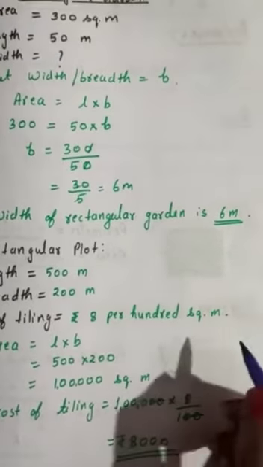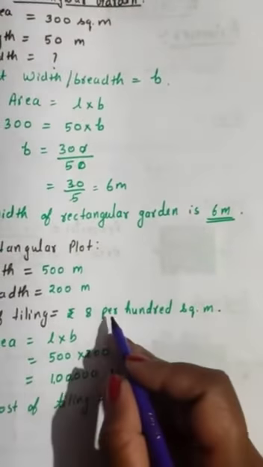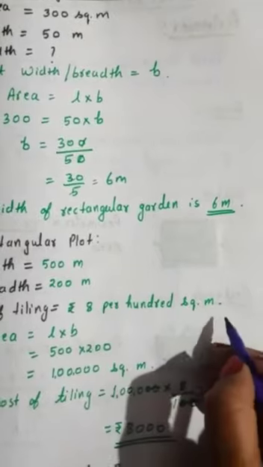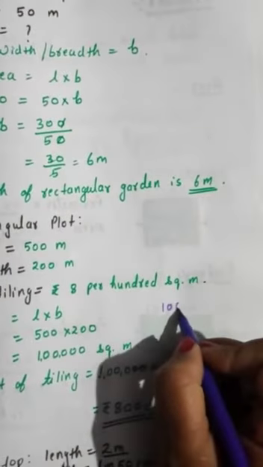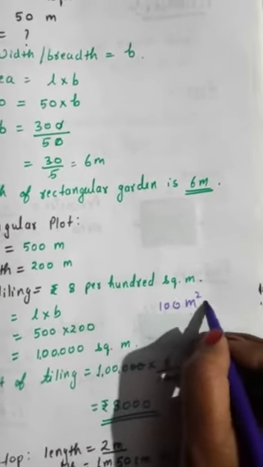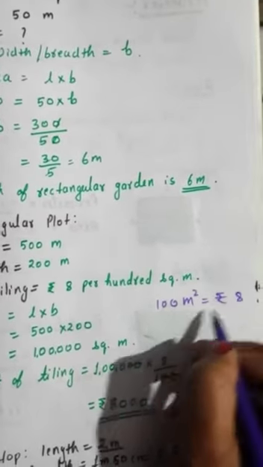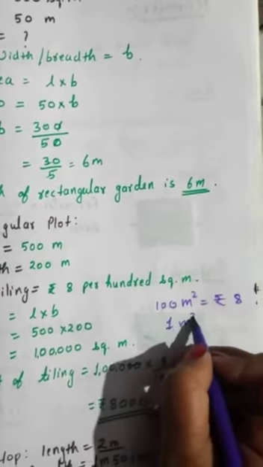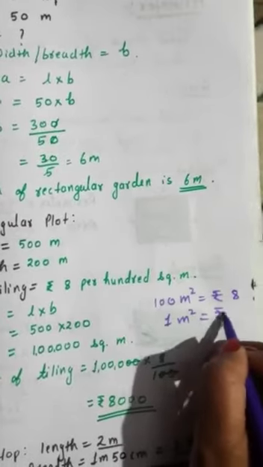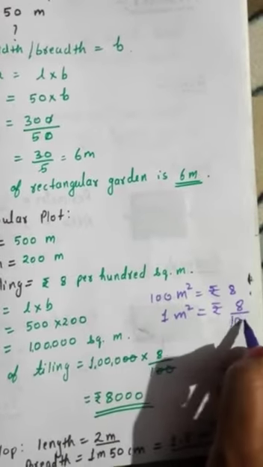Because you can see that if 100 meter square costs ₹8, you will calculate for 1 meter square first. So 1 meter square will be ₹8 upon 100.